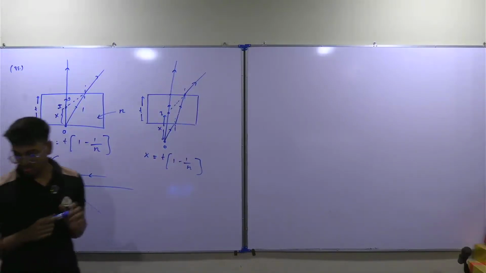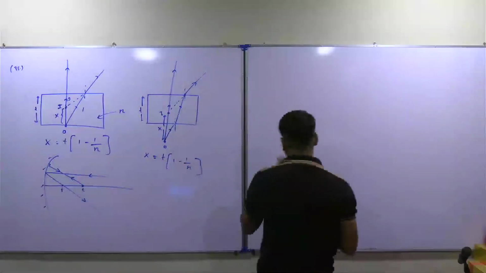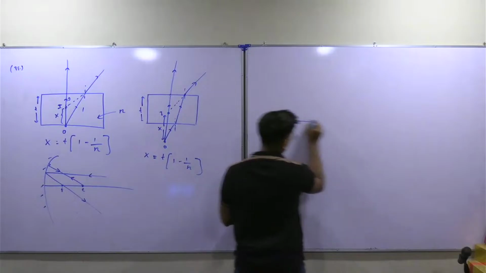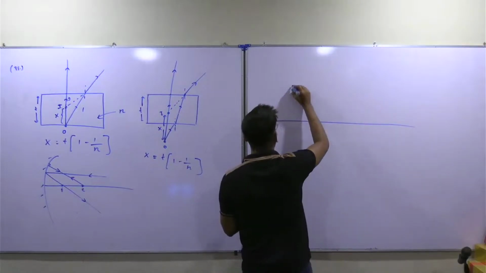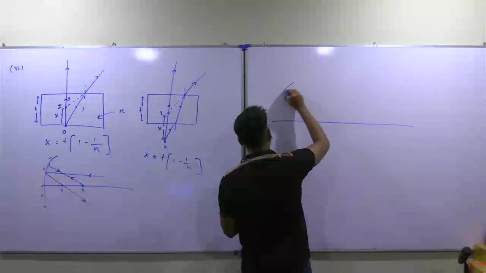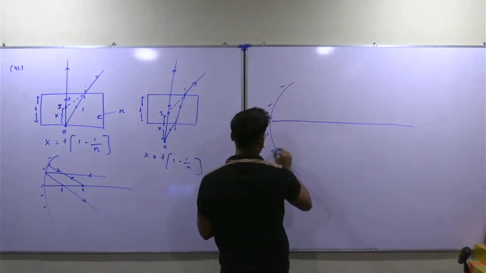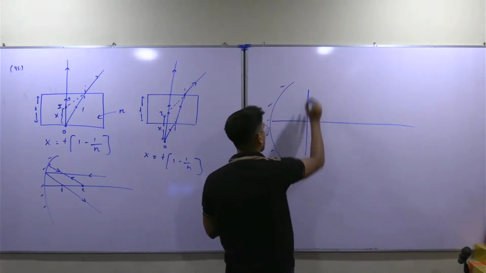Okay. Now, in the question, they have given the object here. Let's say this is our principal axis. Now, I'm doing the question. This is the concave mirror. A glass block is placed like this.